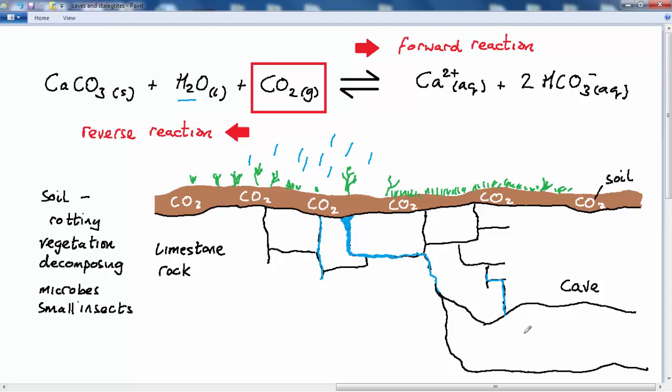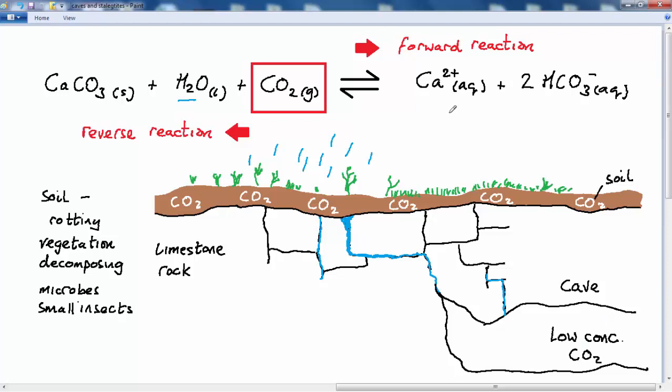So you get no plants, no vegetation, no living organisms can really survive living inside a cave. As a result of that, there's going to be a reduction in the level of carbon dioxide. Whereas in the soil, you've got all these living organisms breathing out carbon dioxide, and carbon dioxide being produced by the decomposition of dead organic material. Well, there's no living organisms, no dead organic material to decompose, so the level of carbon dioxide is much lower. So we've got a low concentration of CO2 here.